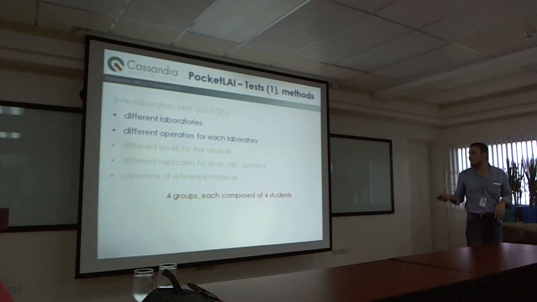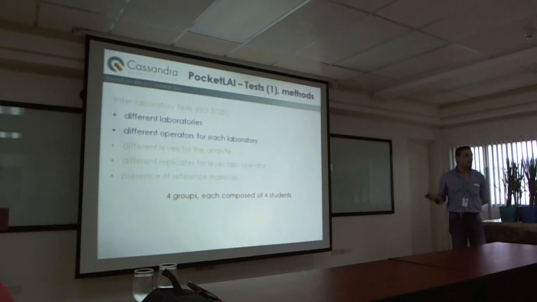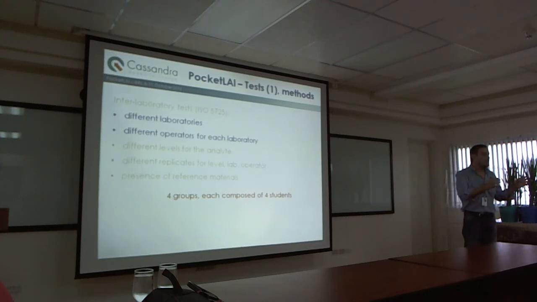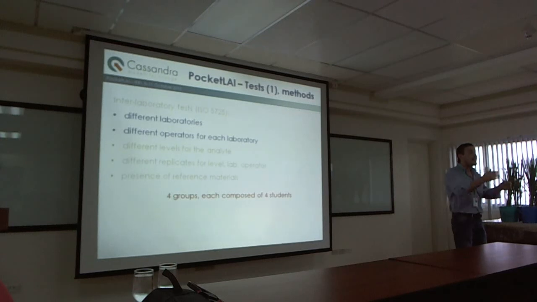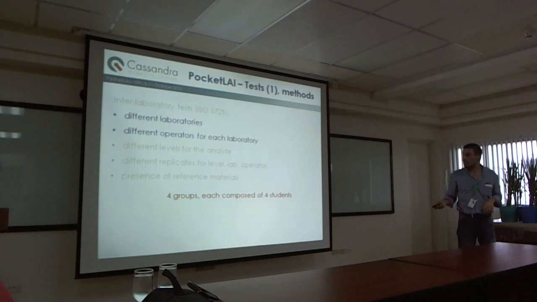So we identified 4 groups of students, each composed of 4 students. For us, the laboratories were the groups of students. We gave them the instruments and the protocol we defined for each instrument, and it was not allowed to speak about the interpretation of the method and so on. So, in a certain way, we reproduced the effect of different labs.